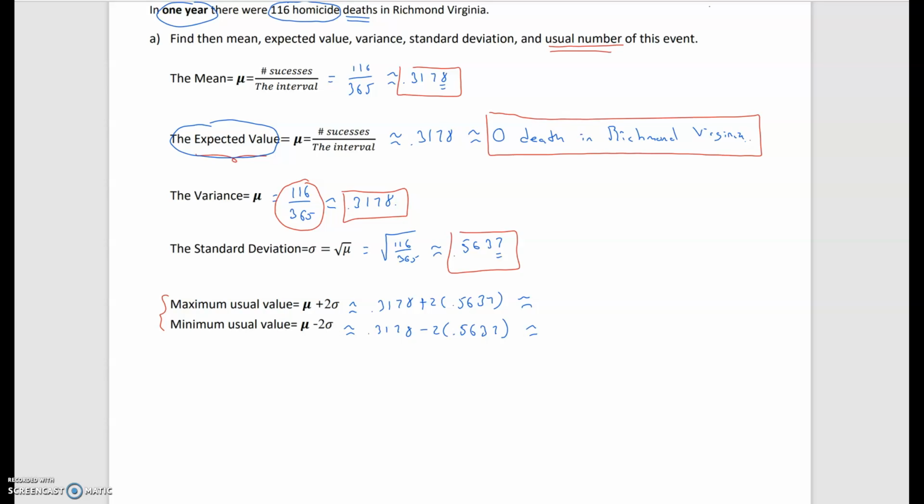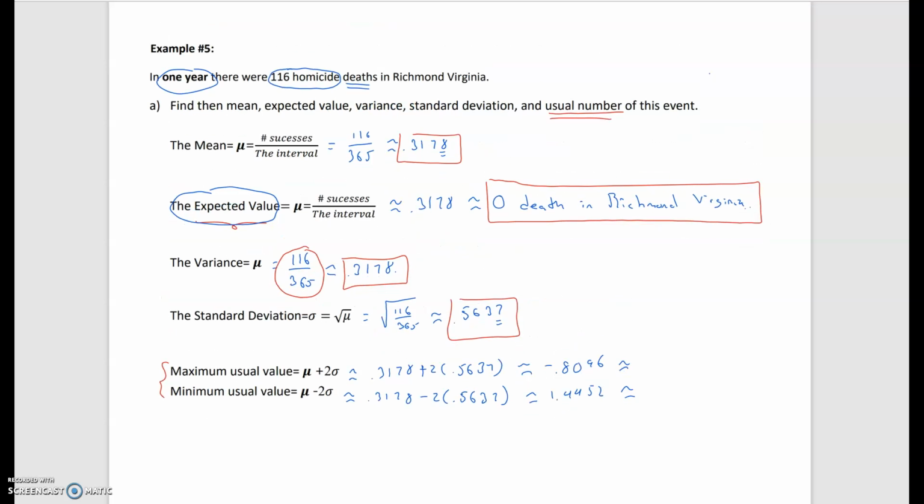Okay, so in this case I'm getting, and let me double check, the lower bound of negative 0.8096 and the upper bound of 1.4452, which we have to round since they're only looking at integers in terms of homicides.